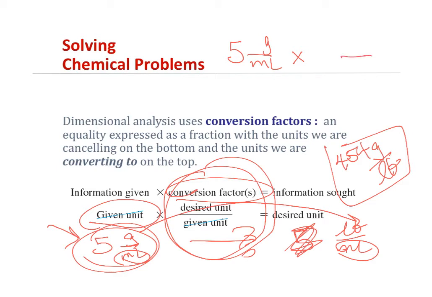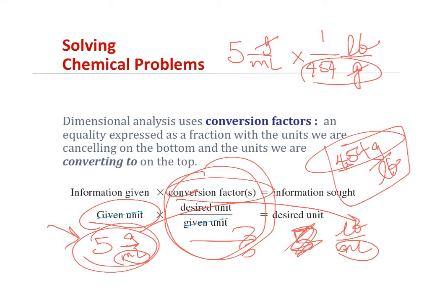So you want to arrange the conversion factor so that the units you want to cancel are in the denominator. So grams per pound. So you want pound on top. Whatever unit you're trying to get to goes on top. The units when you cancel go on the bottom. So in this case, that's 454 goes with the grams, not the pounds. Okay, so that's a denominator.